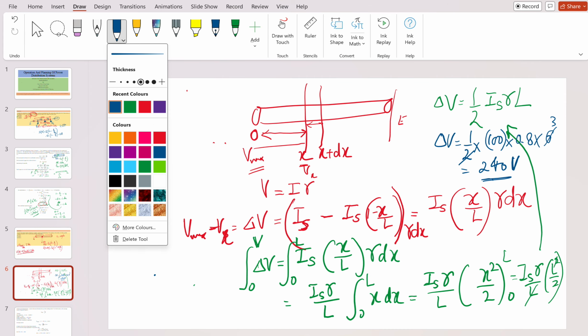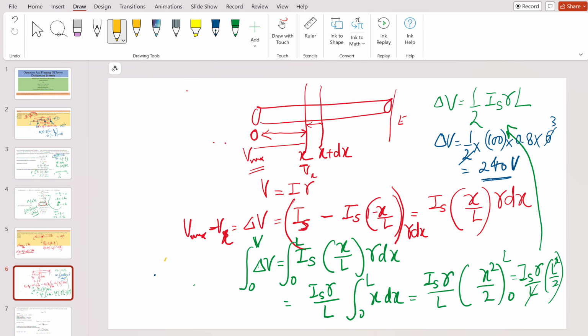So what it is saying is that from the starting point till the length L, the voltage drop in the line is 240 volt. In the question it is asking what is the percentage voltage drop.